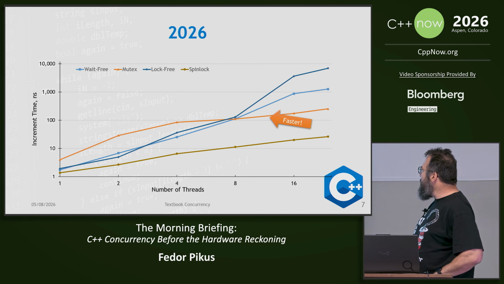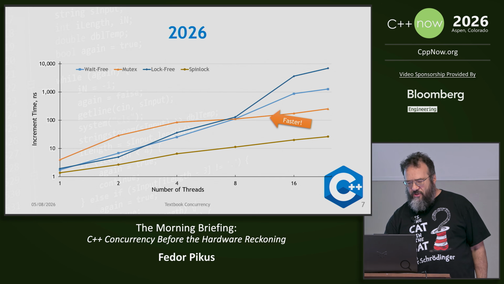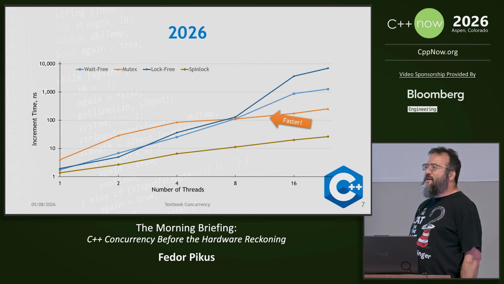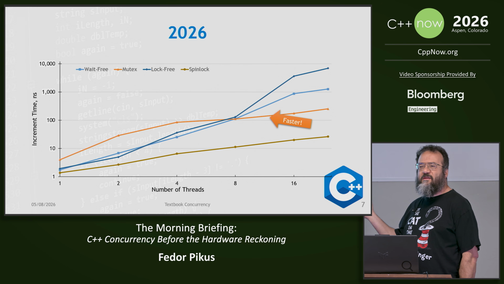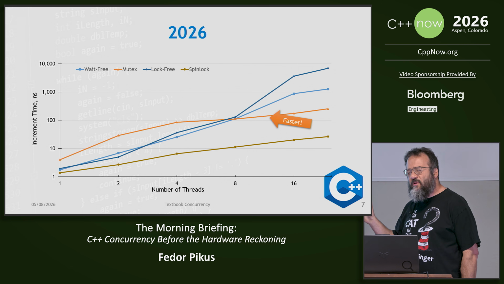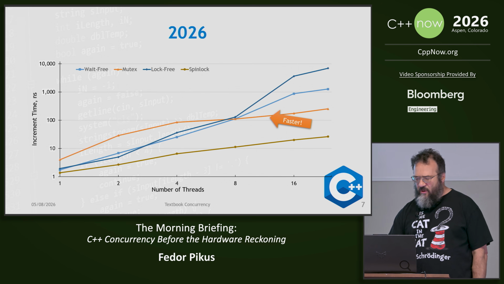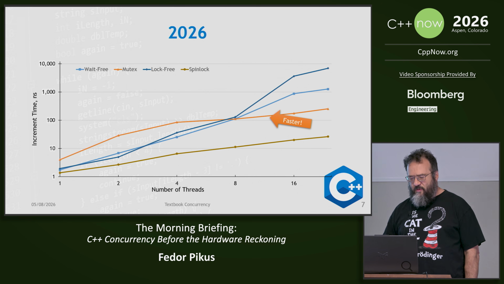Even std::mutex, we had a talk yesterday which actually shows essentially this part of the chart, even std::mutex beats atomic fetch-add on Apple. Apple Silicon is somewhat unique in this regard, but the spin lock is still sitting here, untouchable by everybody.